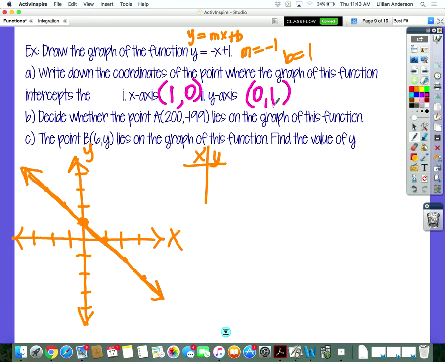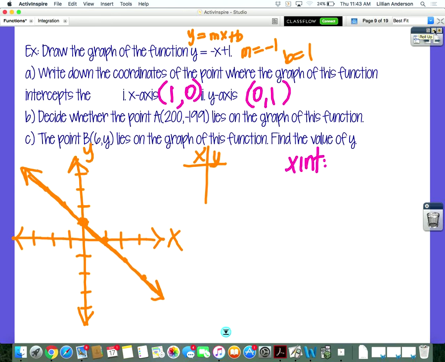How do you figure that out algebraically? Plug in 0, yes. But for what? I'm trying to find my x-intercept.